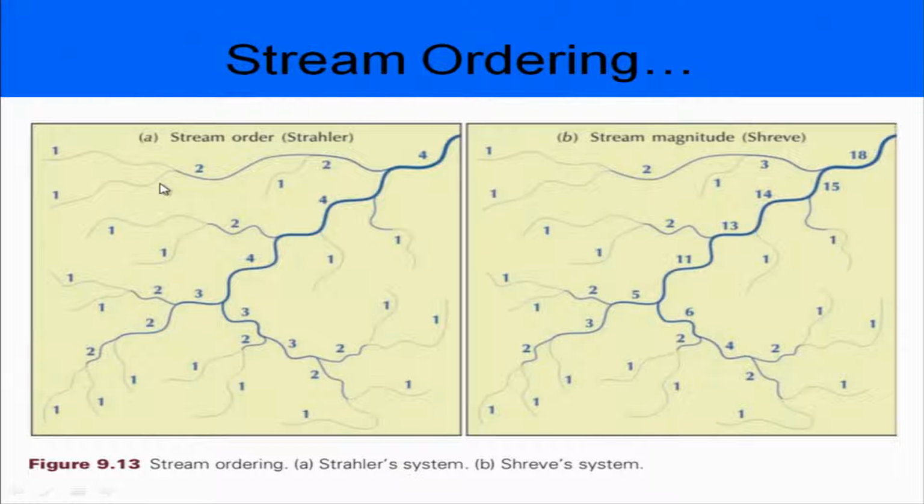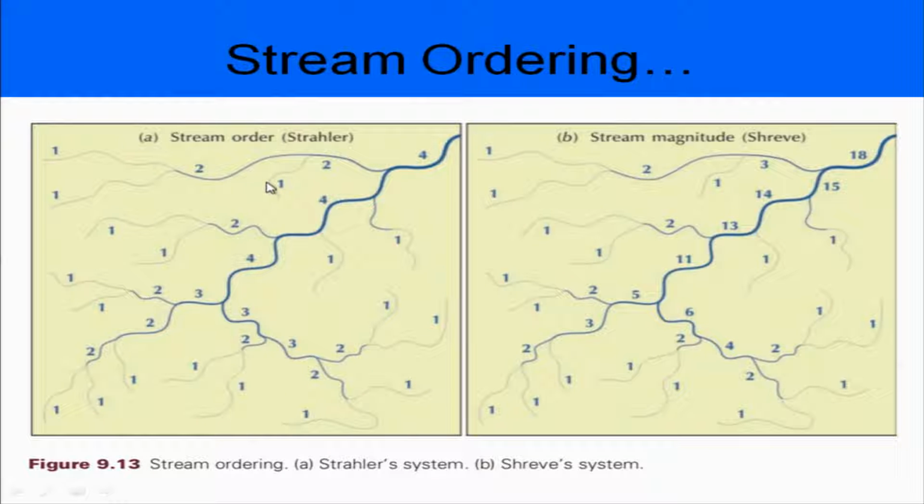Now the difference is not much, but if you see here, the first order, the smaller order streams are at the source area or in the uplands, in the headwater area, where the river originates or the drainage starts. When two lower order streams meet, the result is the next higher order, that is second order.